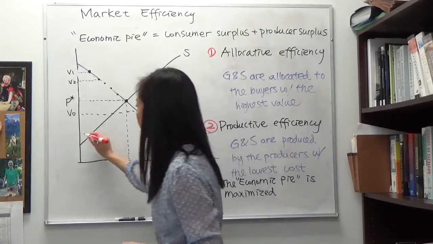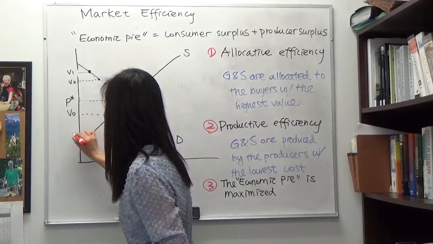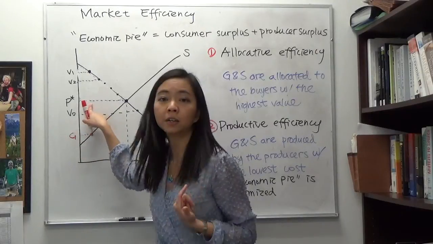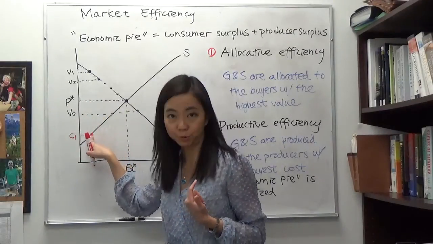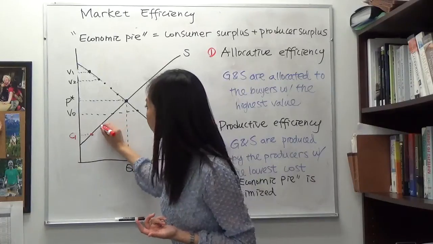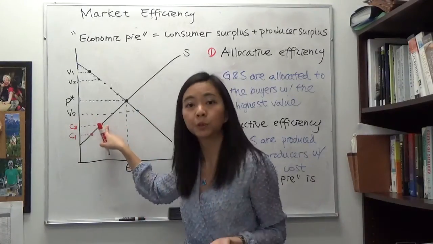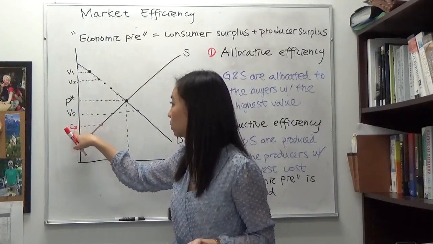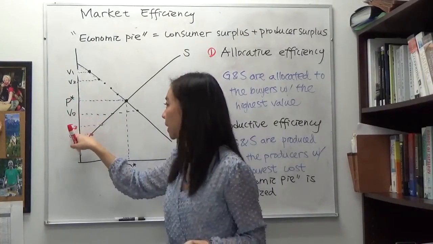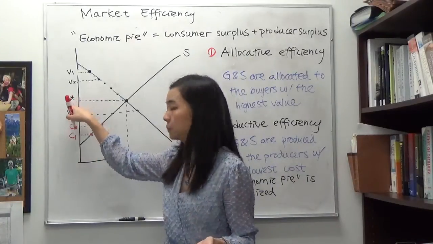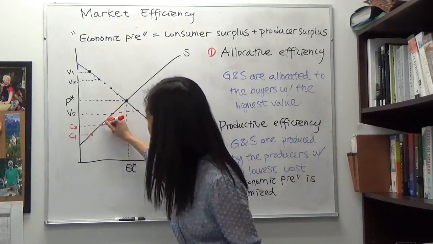If your cost is, say, C1, and the cost is lower than the price, you go ahead and produce that. How about if your cost is C2? You will still produce that because the cost is still lower than the price. You can go ahead and sell the product or service at the price P star, so it is still worth it.